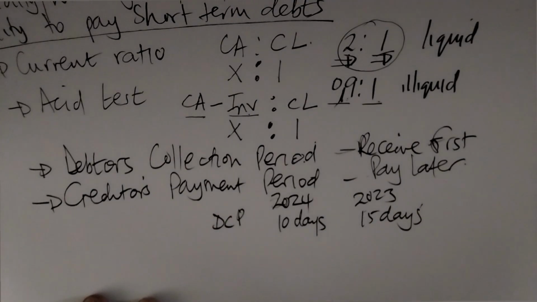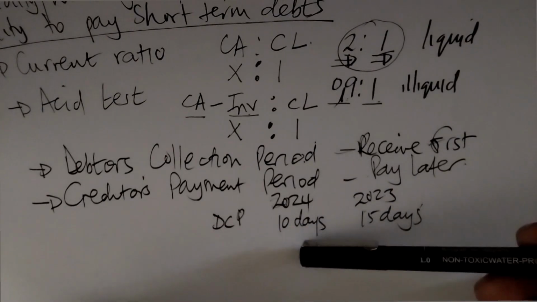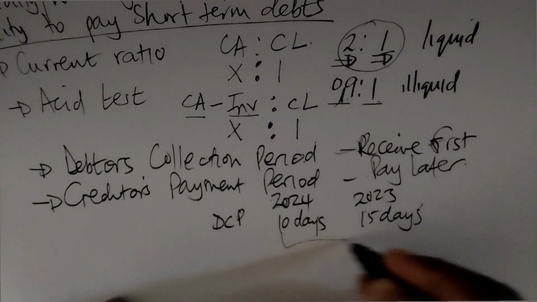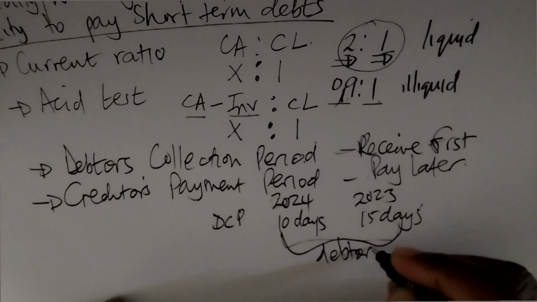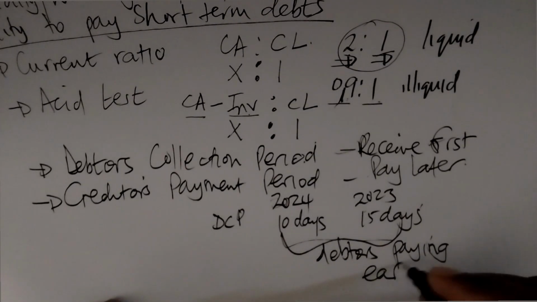So what this scenario shows me is that in 2023, it was taking 15 days for debtors to pay me, but now in 2024, it's taking 10 days for them to pay me. This is a good scenario because it means your debtors are paying earlier, which is a good thing. You want your debtors to pay you earlier.